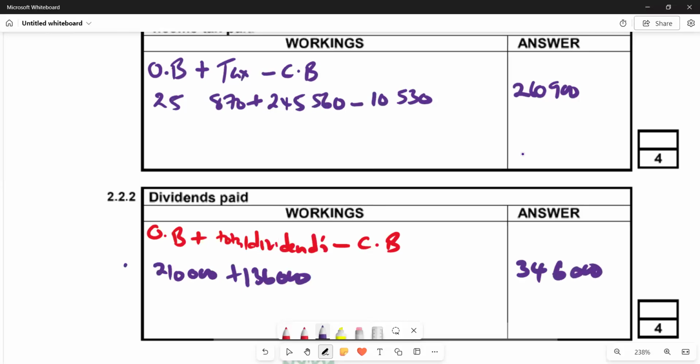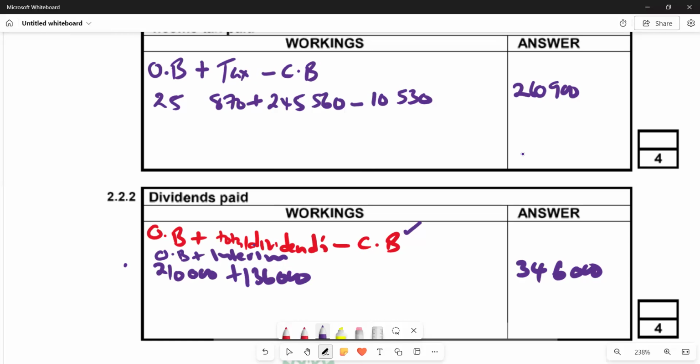So you can use this way. This is another way that you can get the answer, or you can just say opening balance plus interim. This is the second method that we used. You get the same answer, 346,000. Depending on the information that you are given, you can use any method that is simple according to the question that you are answering.